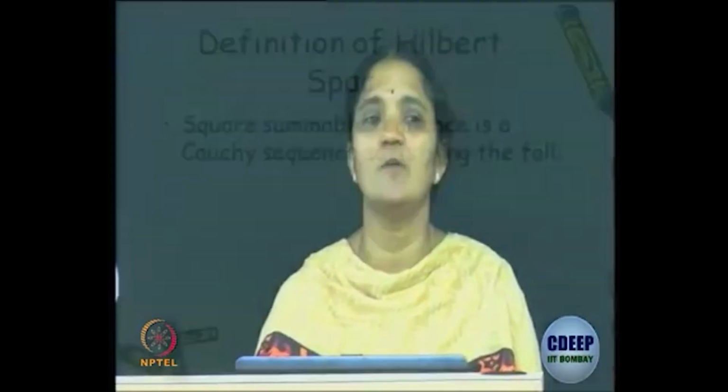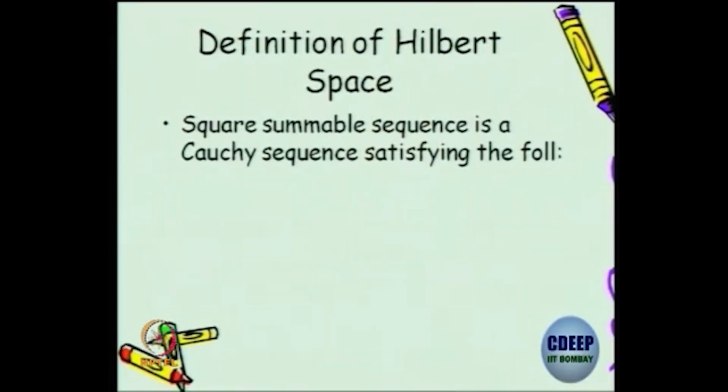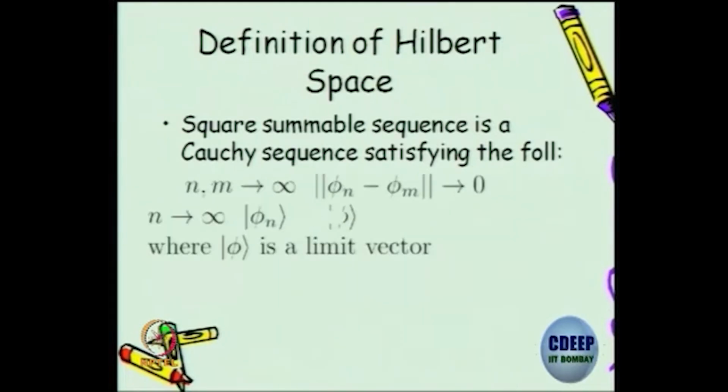So first of all, a sequence is a Cauchy sequence if it obeys certain properties. You need to take n and m very large, and if you take the difference between these two vectors, take the norm of those two vectors, it should tend to 0.